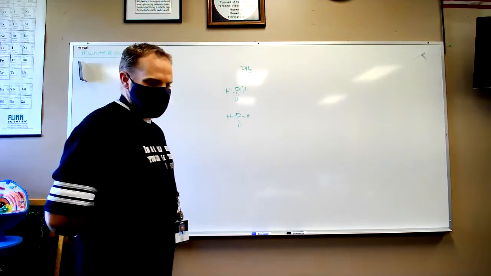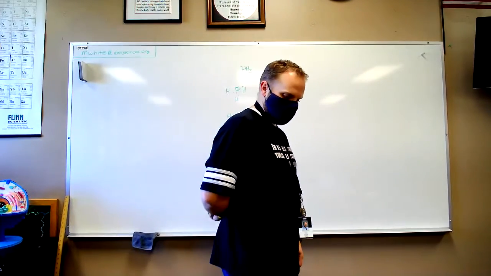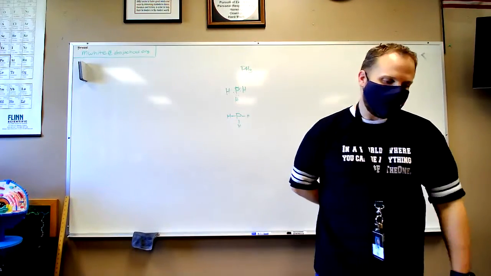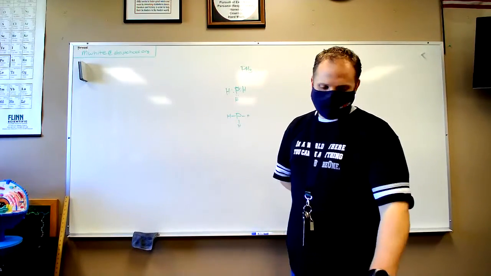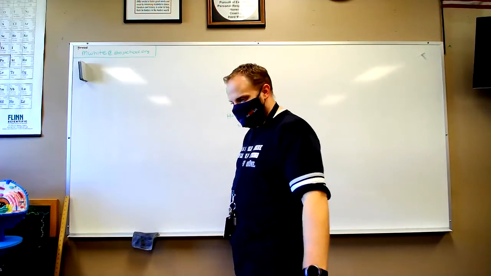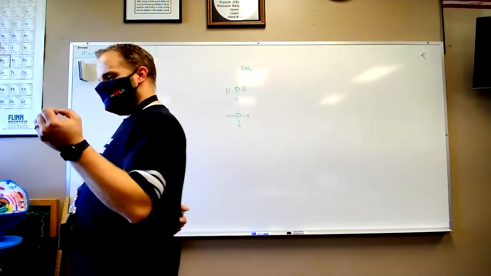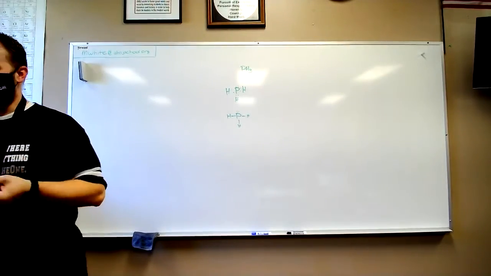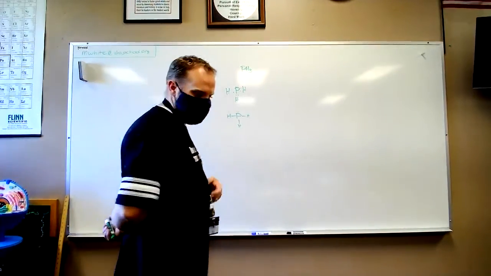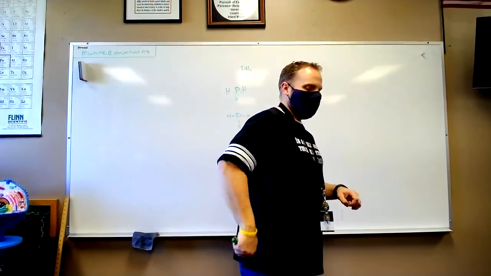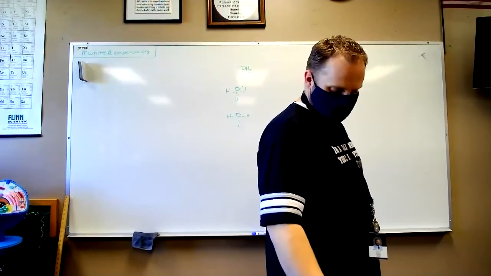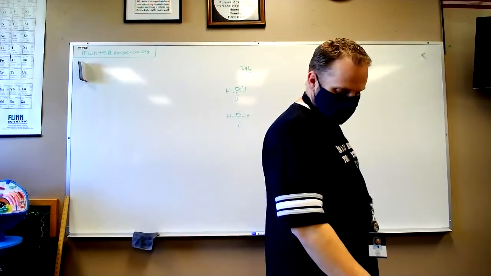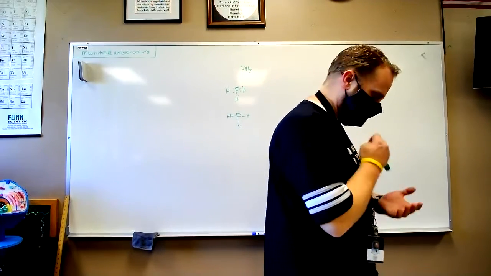So if you ever have to draw the Lewis structure for an ion, just keep that in mind, okay? You need to account for those extra, most likely it's going to be extra electrons.